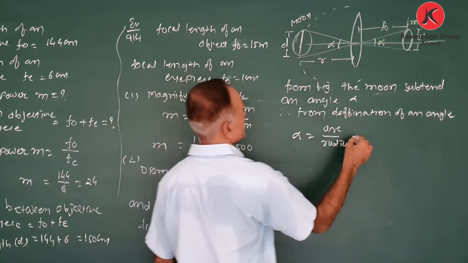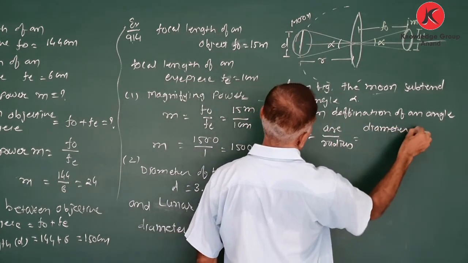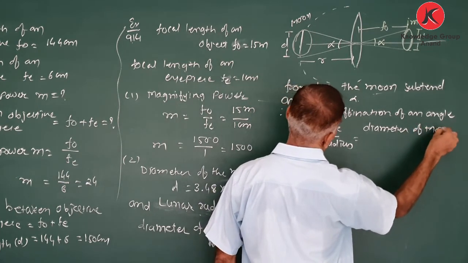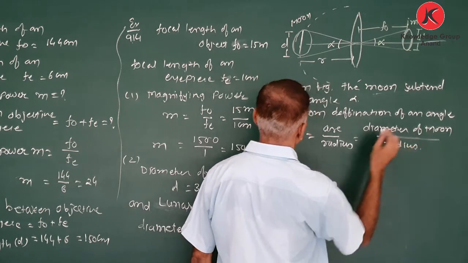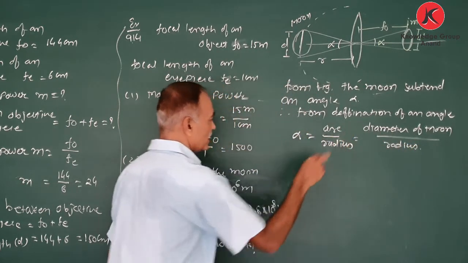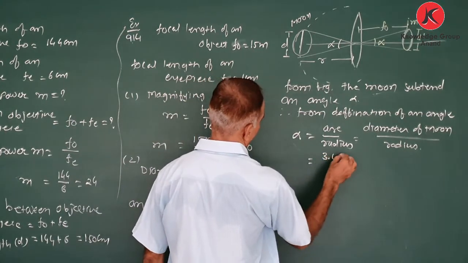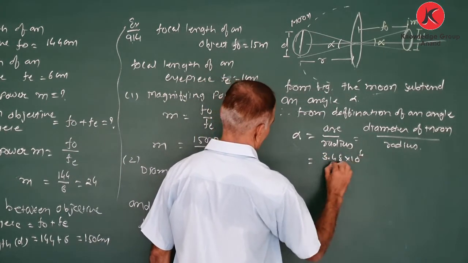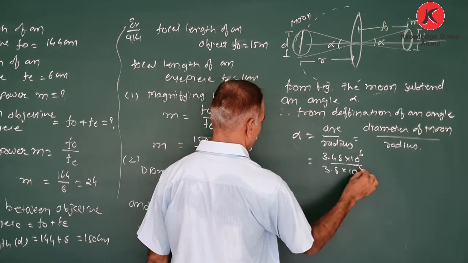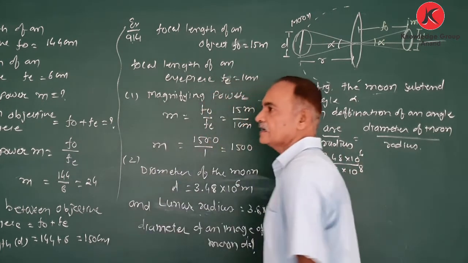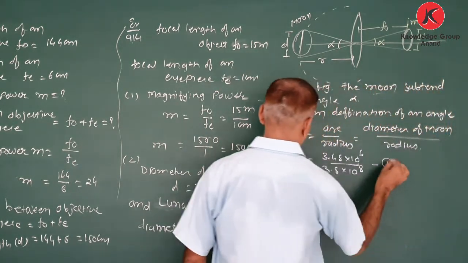Arc is diameter of moon upon lunar radius. Therefore, alpha is equal to diameter 3.48 into 10 to the power 6 upon lunar radius 3.8 into 10 to the power 8. Now there is equation 1.